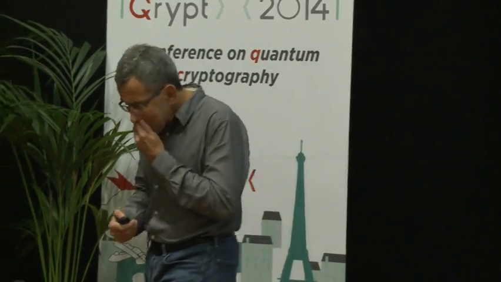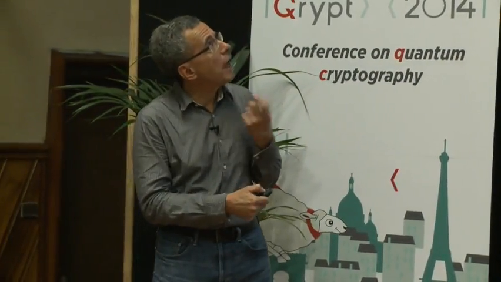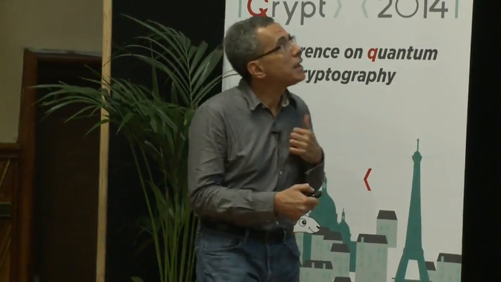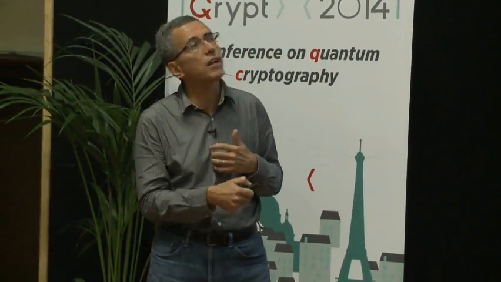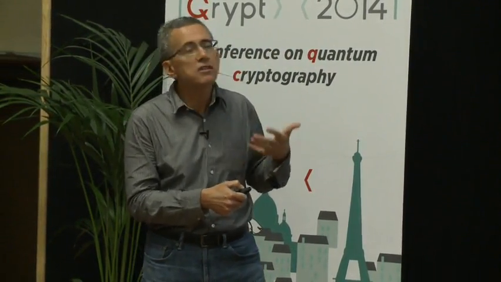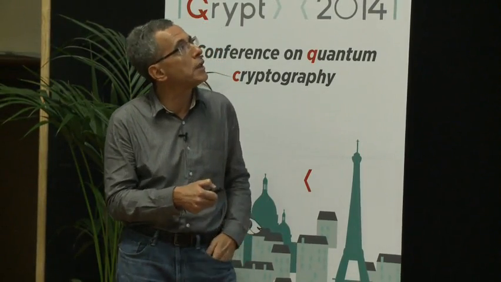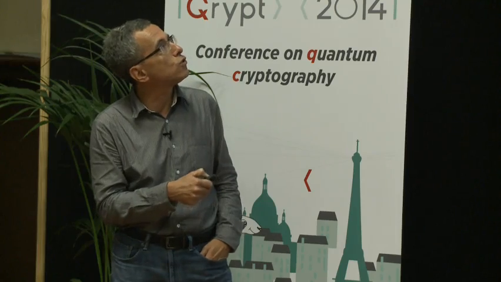Okay, so solid-state emitters, sometimes referred to as artificial atoms, can be used to realize high-brightness single photon sources. This is one of the reasons that several groups around the world have been pursuing single photon sources.